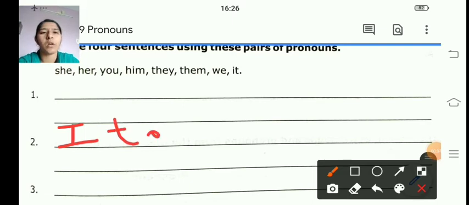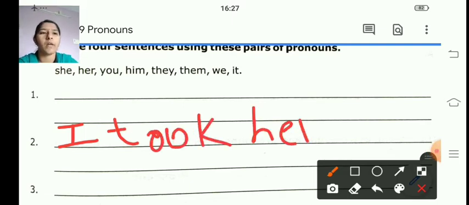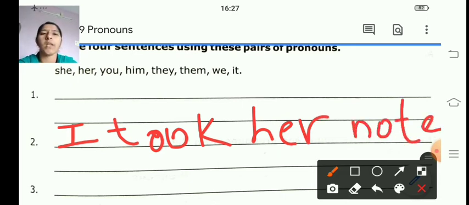Right? She is running. So second you can write, I took her note. Similarly, you can write another sentence using I took her, right? This word now. So first we finish she is good, she is a good, like that. She is running, she is good.